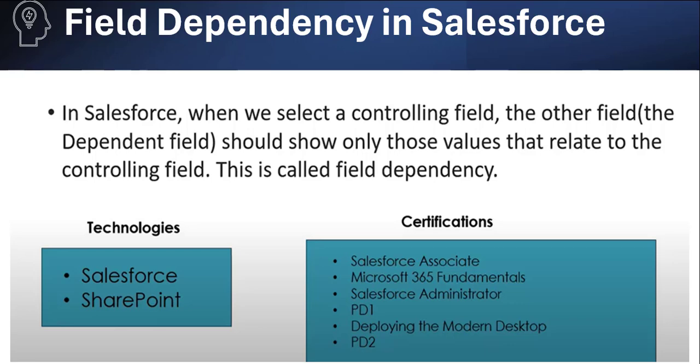Now when a user selects Salesforce as the technology, then the Certifications picklist field should only display the certifications related to Salesforce technologies. If the user selects SharePoint as the technology, then the Certifications picklist field should display only certifications related to SharePoint technologies. So in this scenario, Technology is the controlling field and the Certifications field is the dependent field.